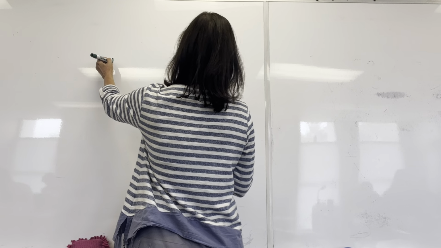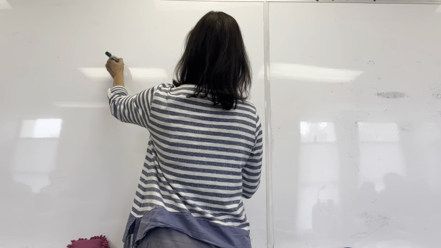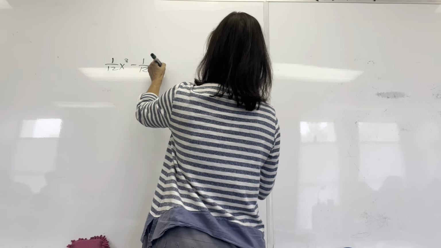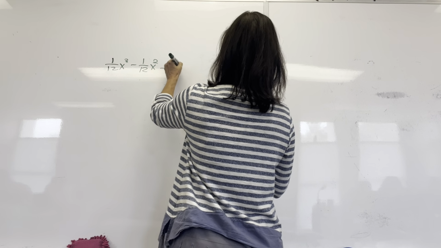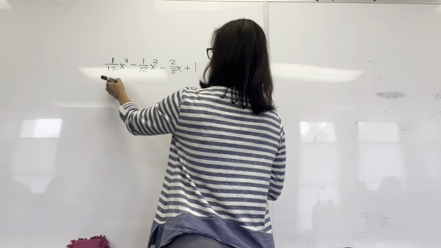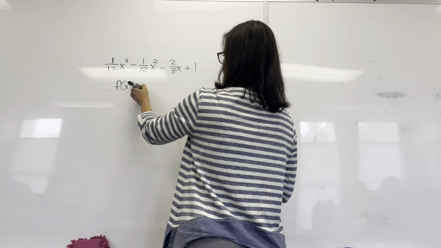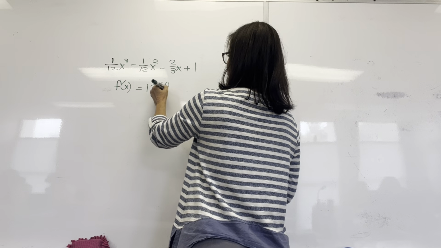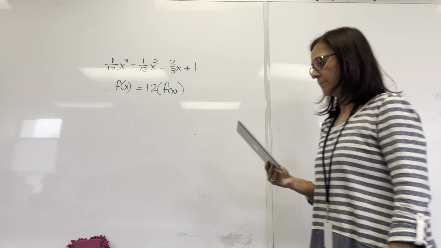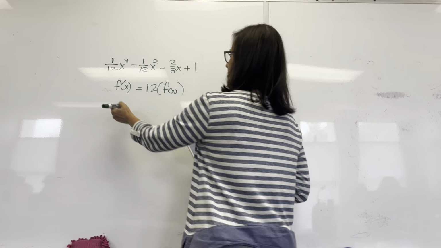All right, so we have 1/12 x cubed minus 1/12 x squared minus 2/3 x plus 1. And then it gives you this note. It says f of x has the same zeros as 12 times f of x. So literally we're multiplying every term by 12.